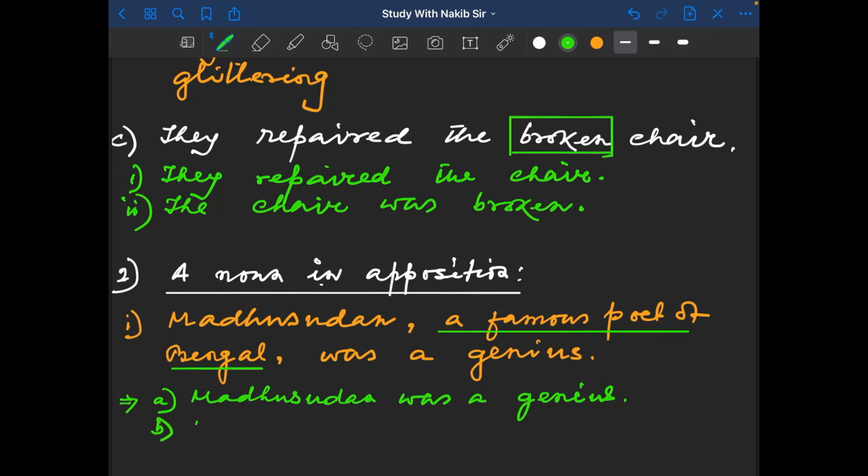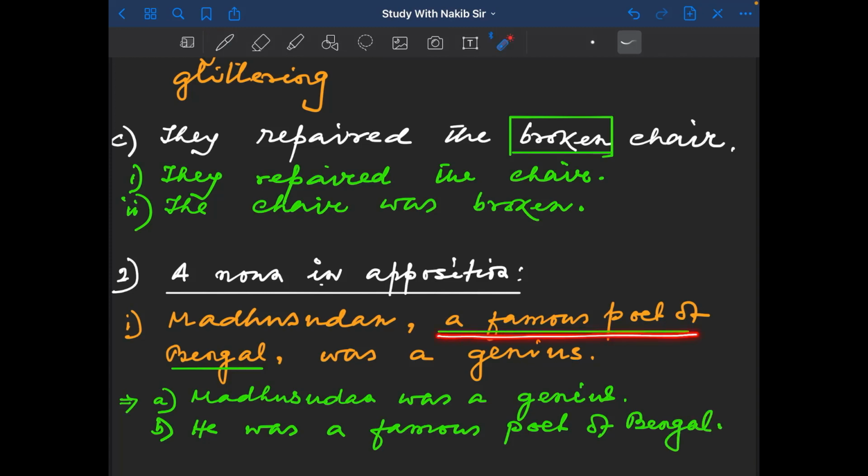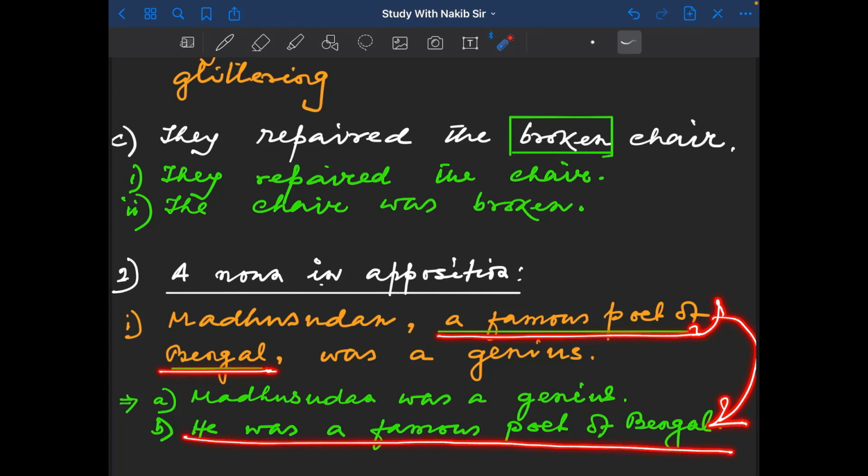He was a famous poet of Bengal. Okay, so for the noun in apposition we can make another sentence, and for this noun in apposition this sentence is made: He was a famous poet of Bengal.